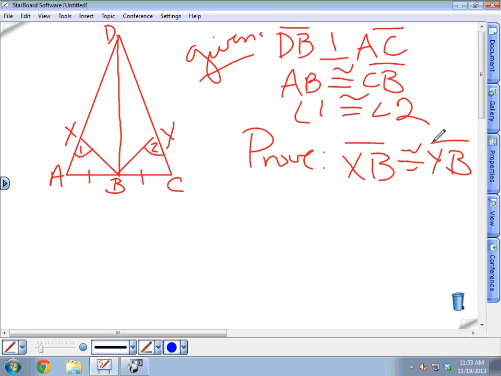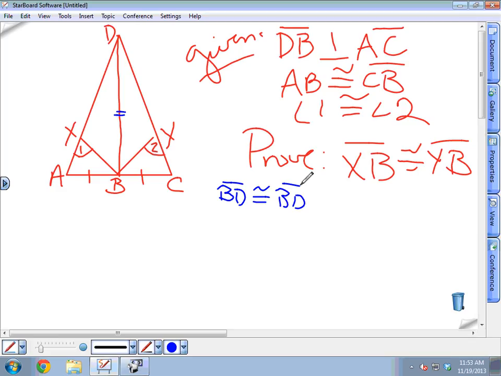BD is congruent to BD, and the reason is the reflexive property.